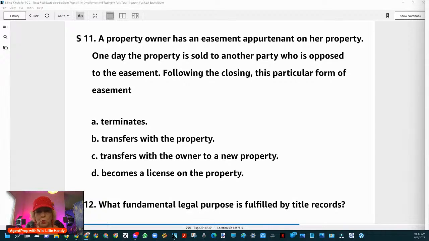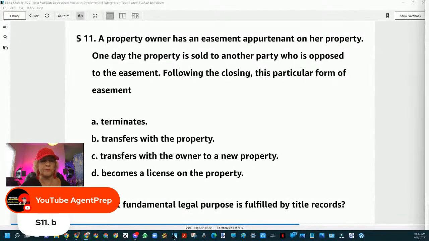It moves with the property. Very good. Yes, transfers with the property.